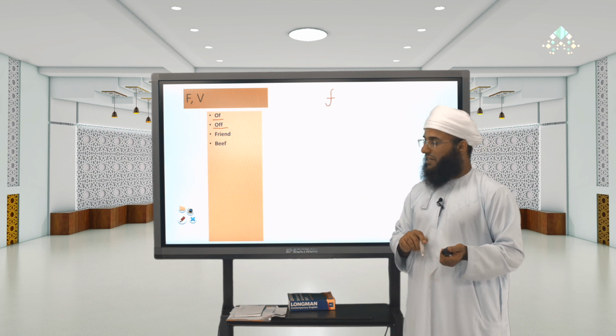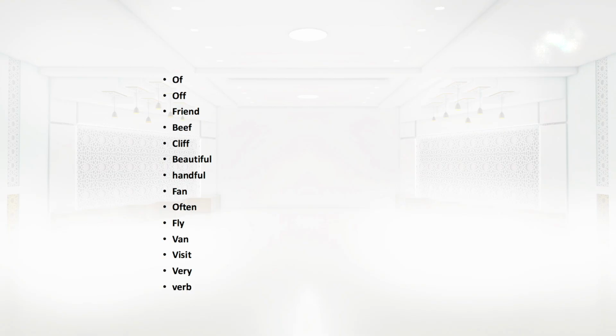Next one, we say here, friend, right? Here, beef, right? Is it difficult? This is easy. Most of the cases it's fine, except for some cases I want you to focus on. Look at this: cliff, right? Don't get confused.